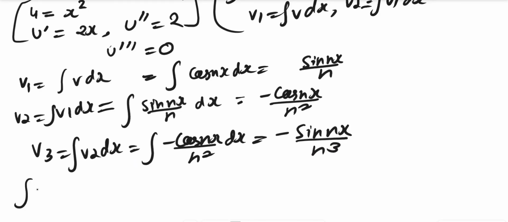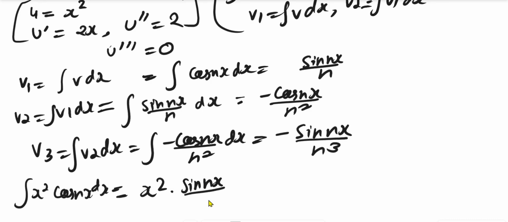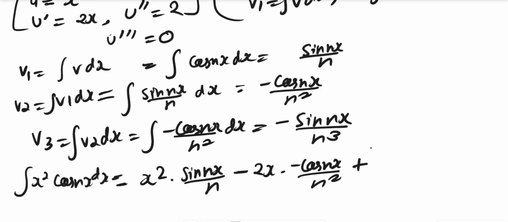Now finally, integration of x square cos nx dx is equal to u multiply v1, u is x square, multiply v1, v1 is sin nx divided by n, minus u dash multiply v2, u dash is 2x multiply minus cos nx divided by n square, plus u double dash is 2 multiply v3, which is minus sin nx divided by n cube.